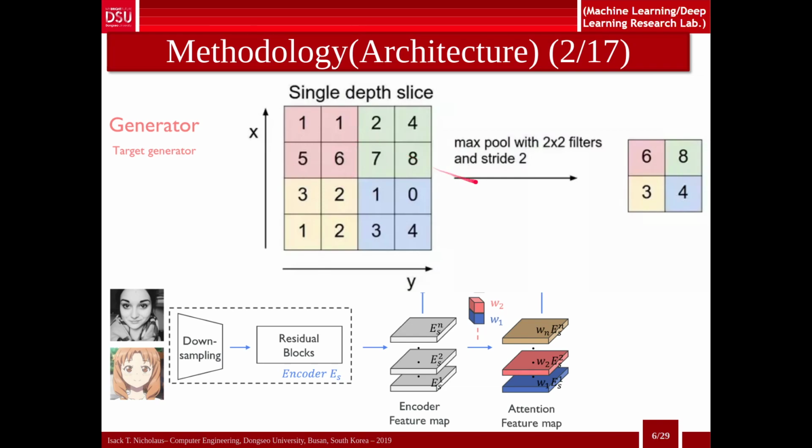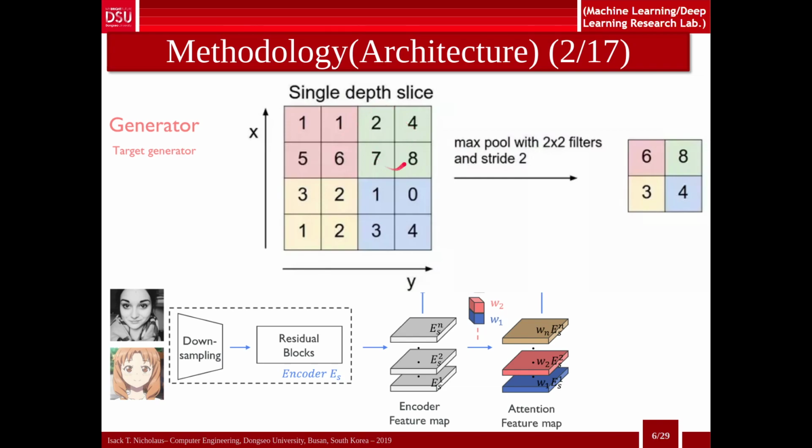So for example, for the first time we put the filter on top of here. We get the maximum, which is 6, and that will be our first output. Then because we use a stride of 2, we move 2 steps to the right and find the maximum.